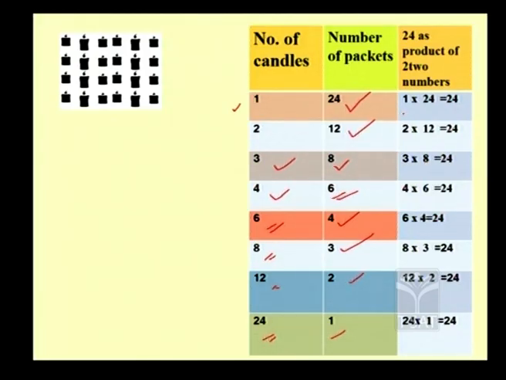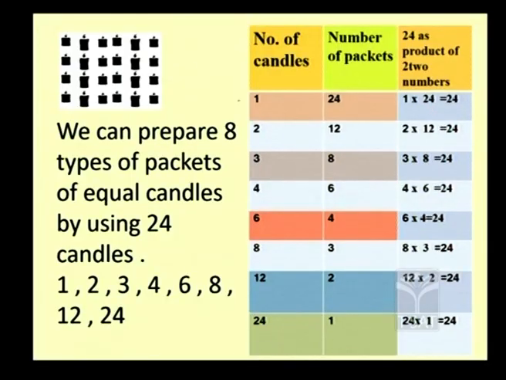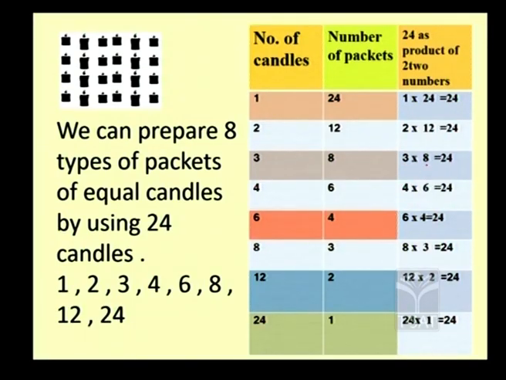Like this, when we are having 24 as a product of some other numbers, those numbers can divide 24 exactly. So, observe the screen. We can prepare 8 types of packets of equal candles by using 24 candles. So, 1, 2, 3, 4, 6, 8, 12, 24, like this.